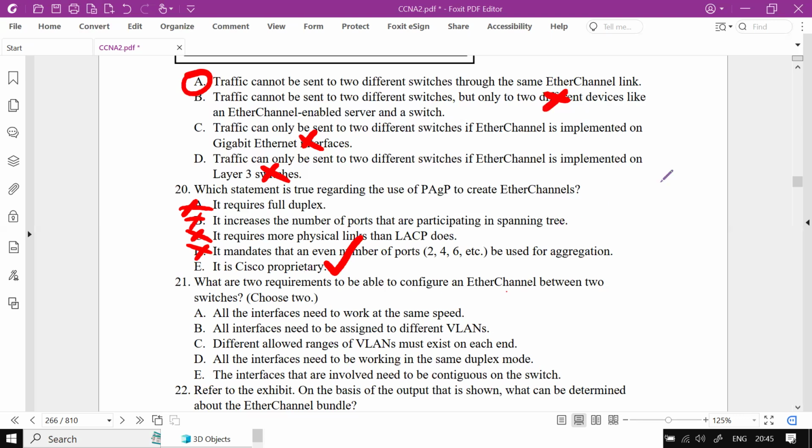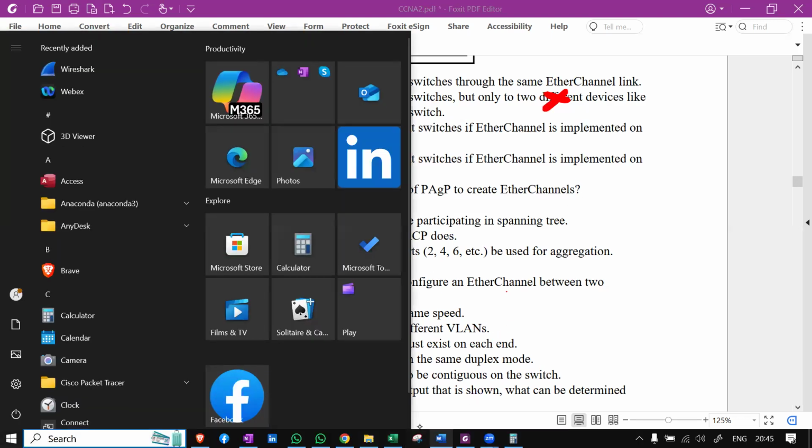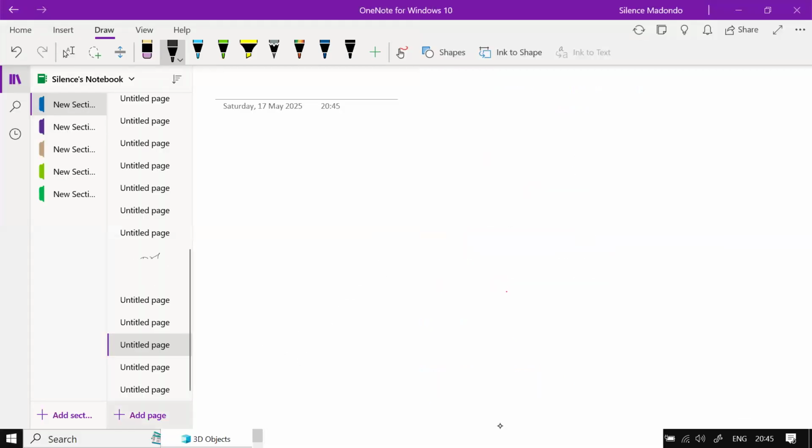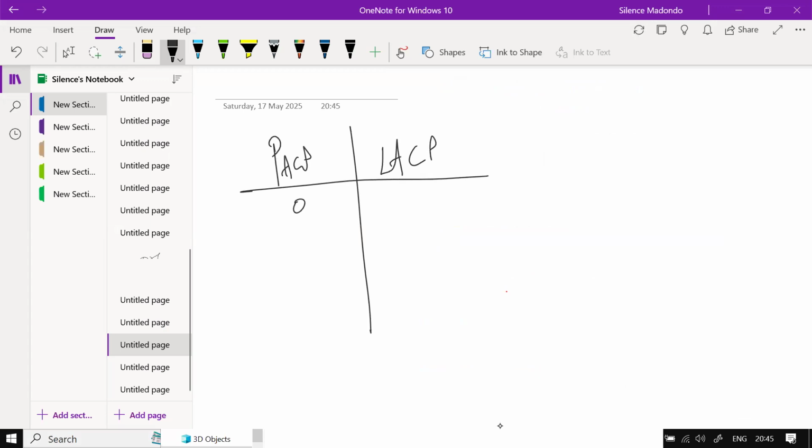What were the modes we discussed in our last session on EtherChannel for PAgP? So we have PAgP and then we have LACP. I think both of them have on. What are the others?